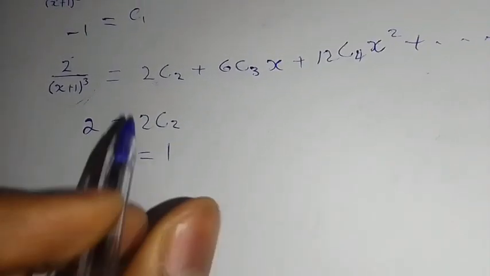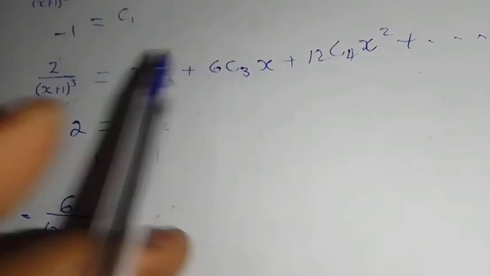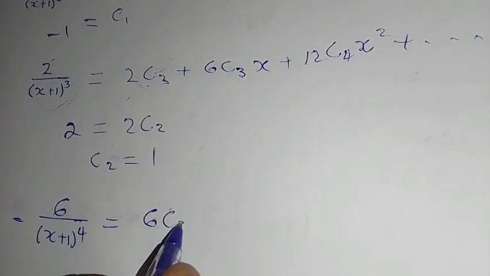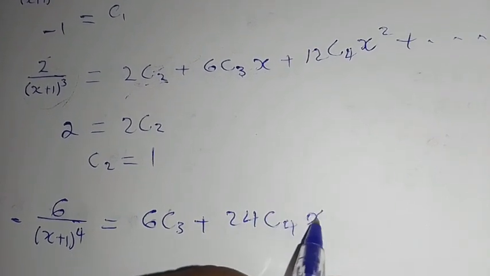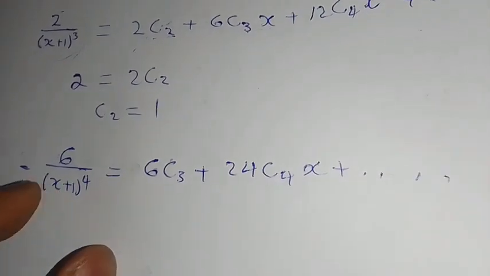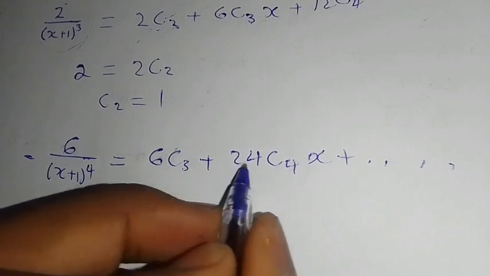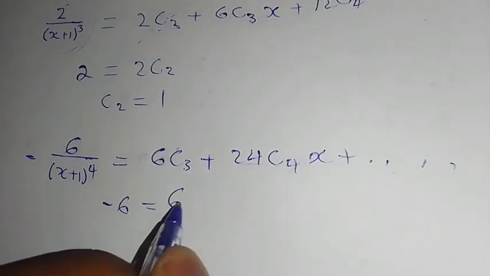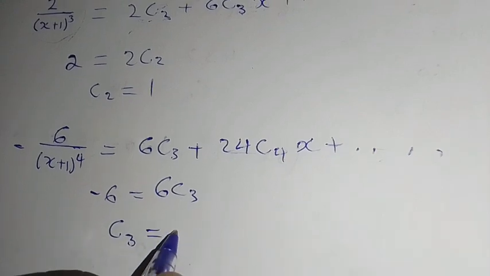This will be equal to the derivative of this one. This one will just be 0 there, and you're just going to end up with 6c3 plus 24c4x plus, and you're just going to have an infinite number of derivatives there. If you evaluate this at 0, we're just going to end up with minus 6. Every x term will be 0 there, and we just have 6c3. And from then, that means that c3 is basically equal to minus 1.